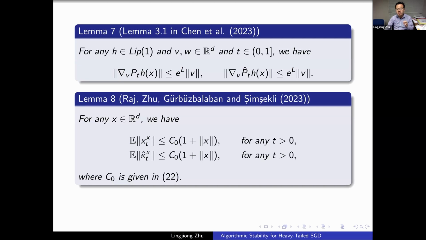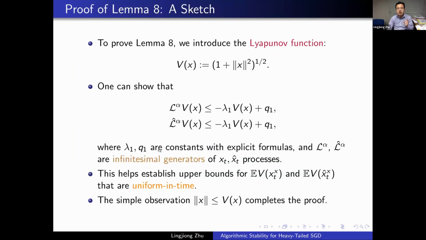In order to obtain these type of results, you need to construct a smart Lyapunov function. If you are familiar with the Brownian motion driven Langevin literature, people often use a quadratic Lyapunov function when dealing with overdamped Langevin. But because we have a heavy tail, quadratic cannot work.